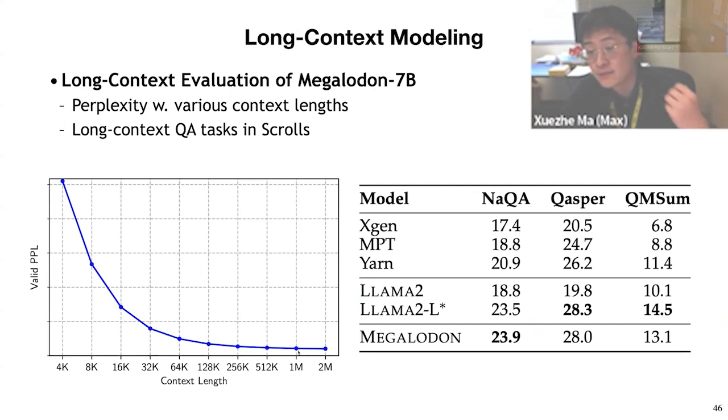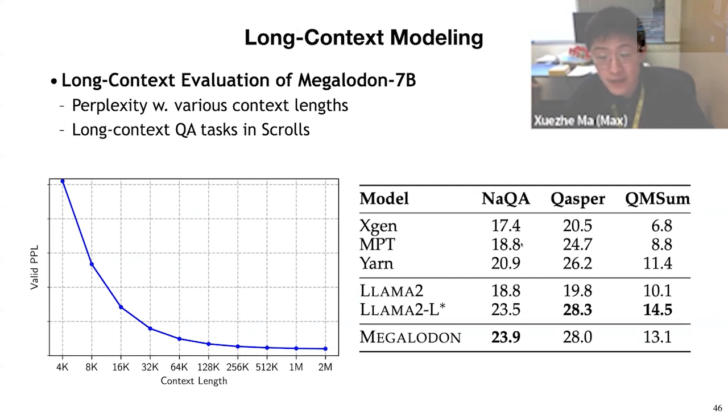So it means it is able to stably model context length up to 2 million tokens. We did not scale it up because it is hard for us to find meaningful context length longer than 2 million tokens, but at least up to 2 million tokens, it's still working well.